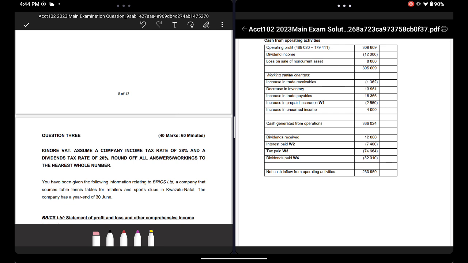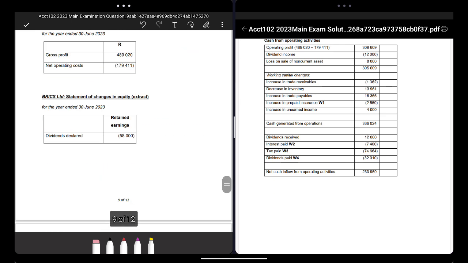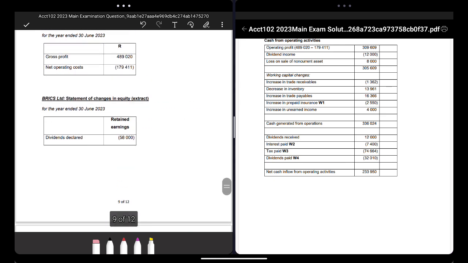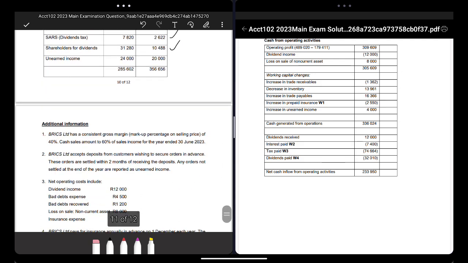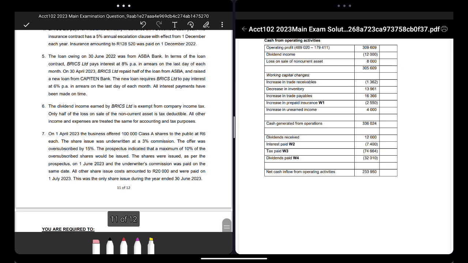Let me do tax paid first. Tax paid is quite tricky. You need to get your net profit and then work out tax. Now they're telling you something over here about the dividend income. First I think you have to work out the interest, because you can't do tax paid without working out the interest.